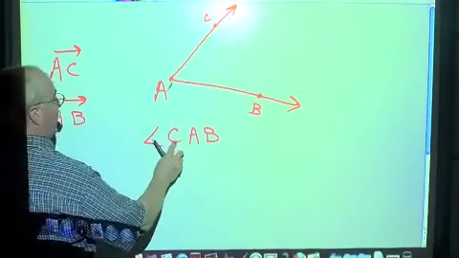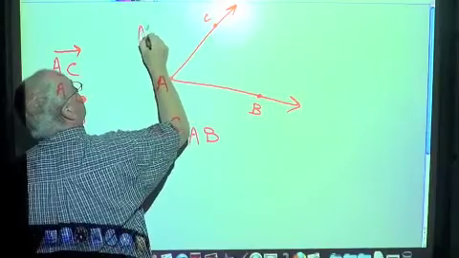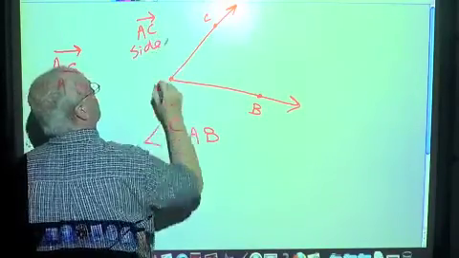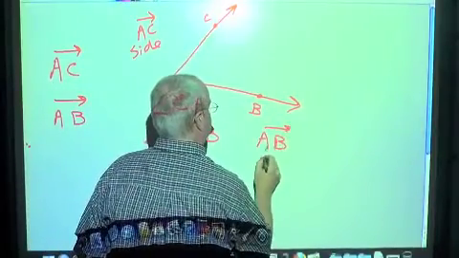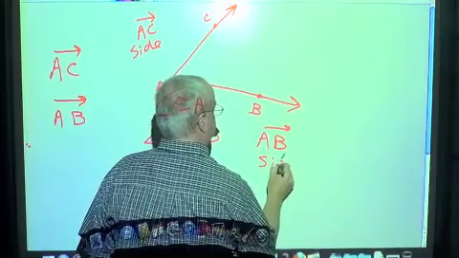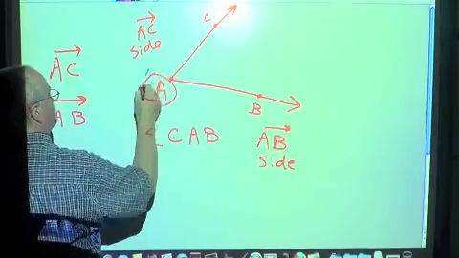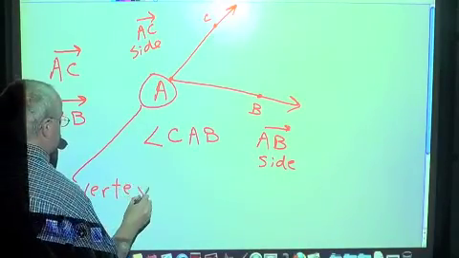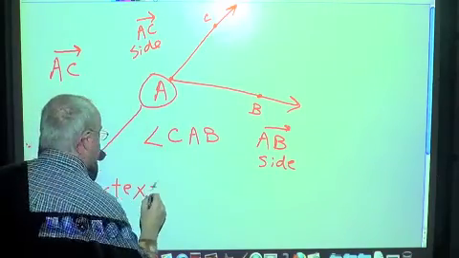Notice that if I come this way, AC is one of the sides. Side. Guess what? Ray AB is the side. A is the vertex. The common endpoint is the vertex.